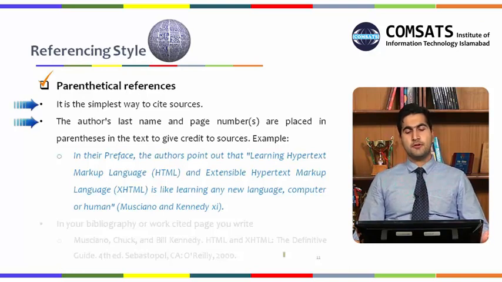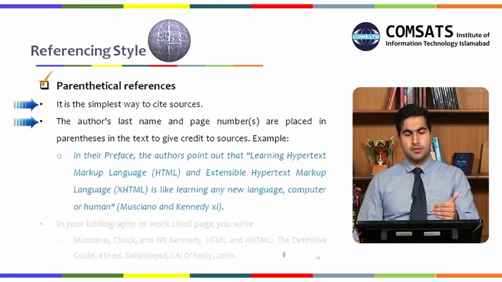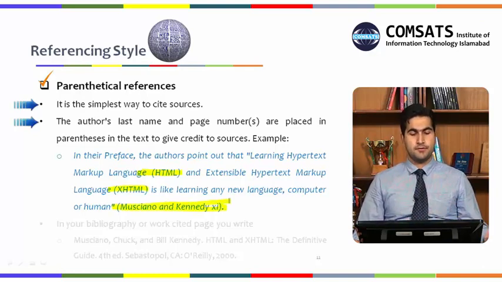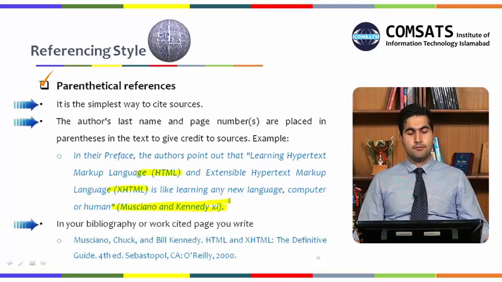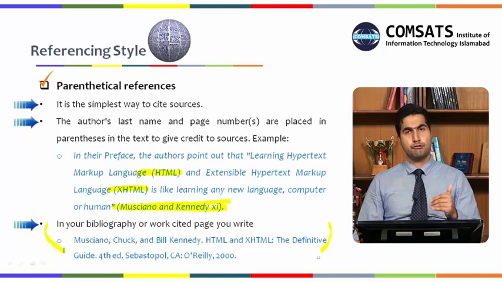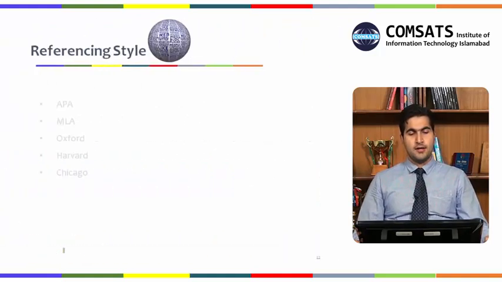For example, in their previous work, the author points out that HTML, now you can see that you are using something for the first time, so you are providing the abbreviation in brackets as well, and then another abbreviation is here, and then you have provided a reference. Now this is a parenthetical reference, and for that in your bibliography or works cited page, basically you provide a complete reference to look to the original source itself. This is the address through which you'll be able to reach the exact point of origination.